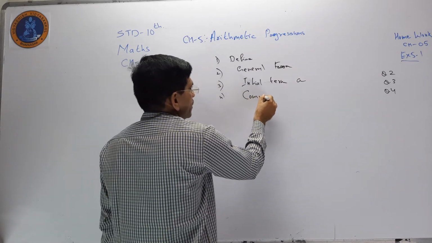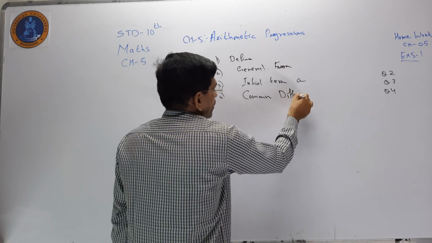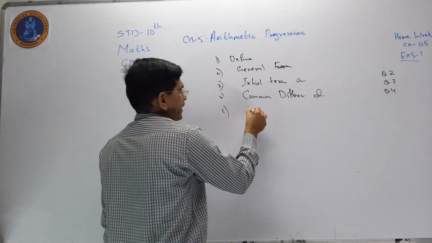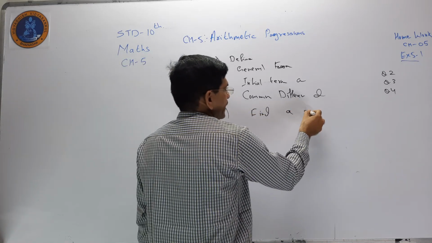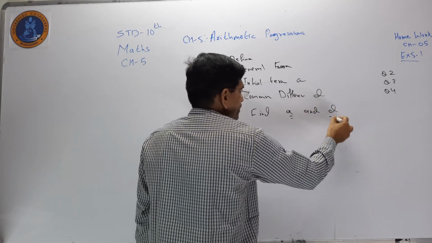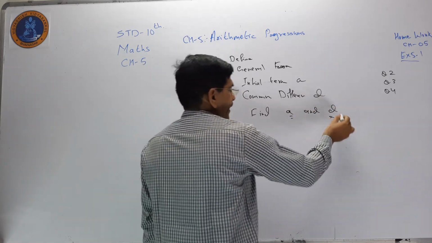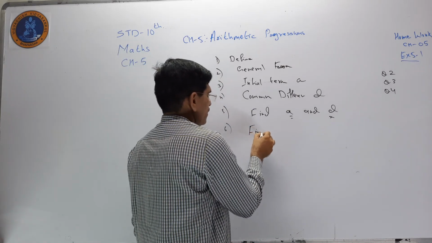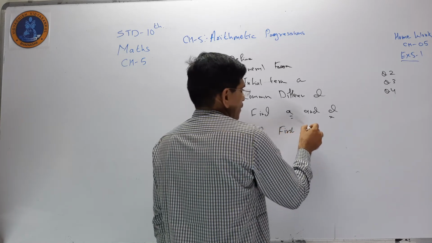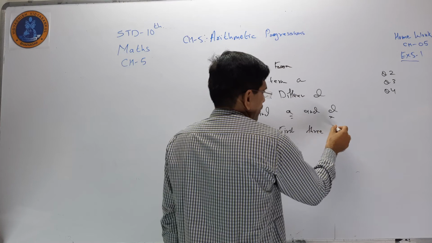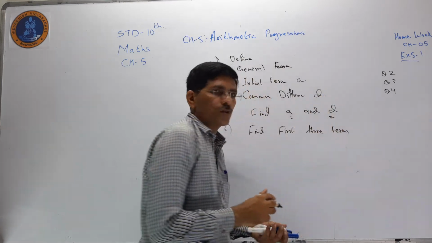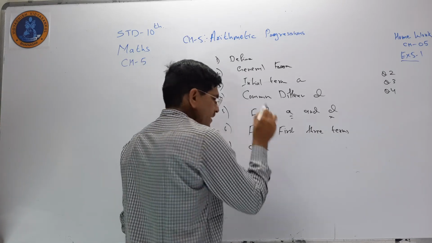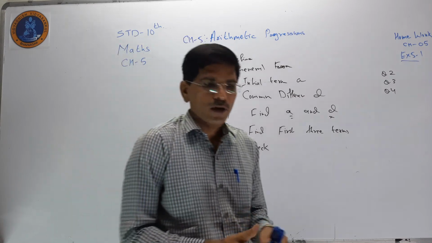Common difference, D, we have discussed. And then fifth, find A and D, that also we have discussed. And find the first 3 terms, that also we have found out. And last, check whether it is an arithmetic progression or not.